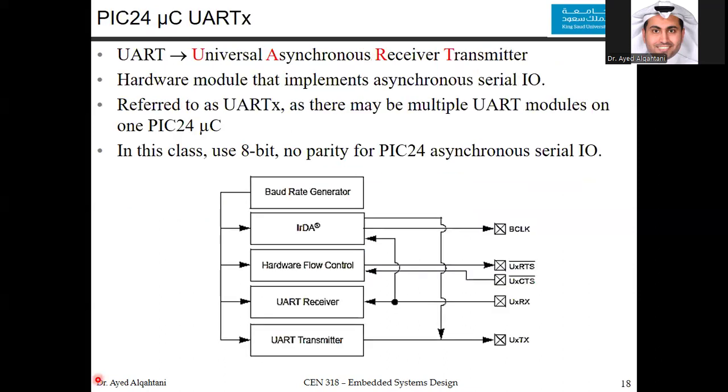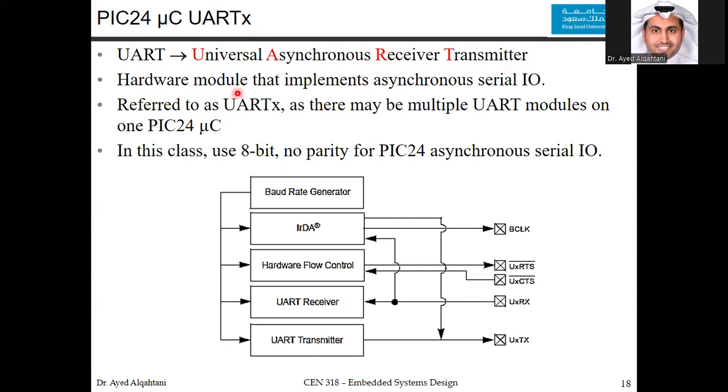The PIC24 microcontroller has UARTx, so you could have UART1, UART2, and so on. In our class, we will only use UART1. UART is short for Universal Asynchronous Receiver Transmitter. We know that the UART is used for communication, there is a sender and receiver, it's asynchronous, and it is serial.